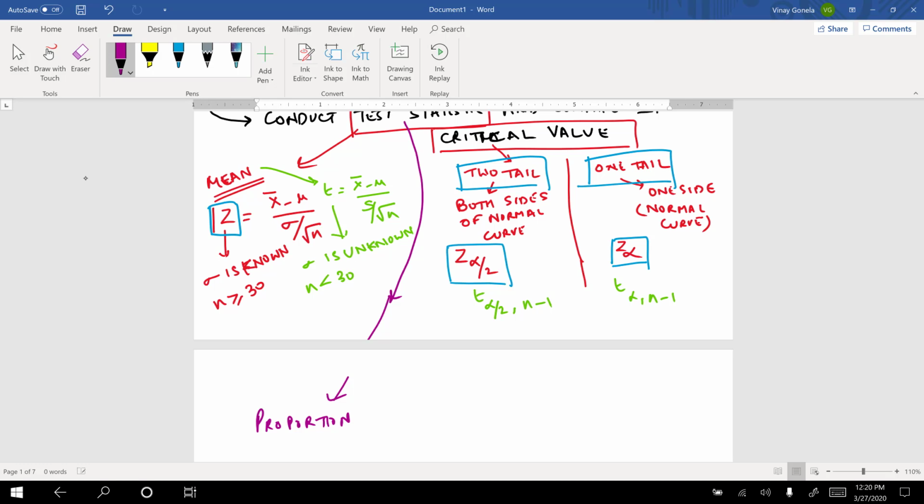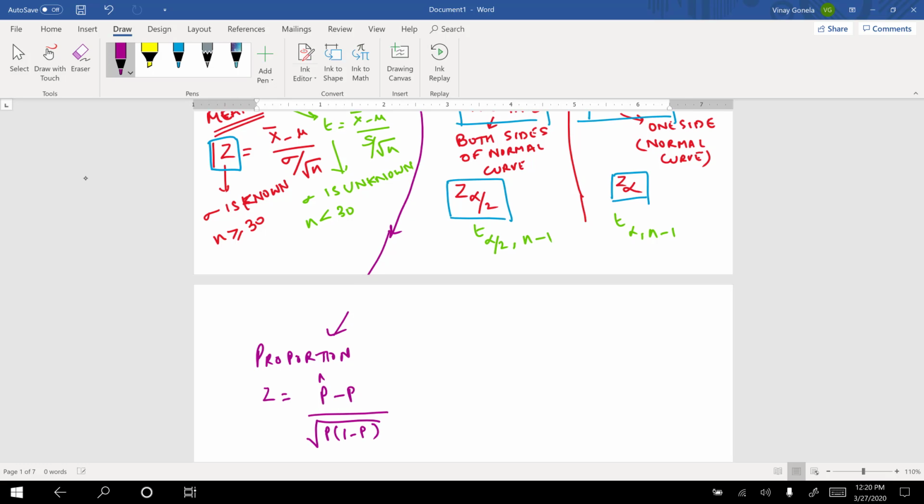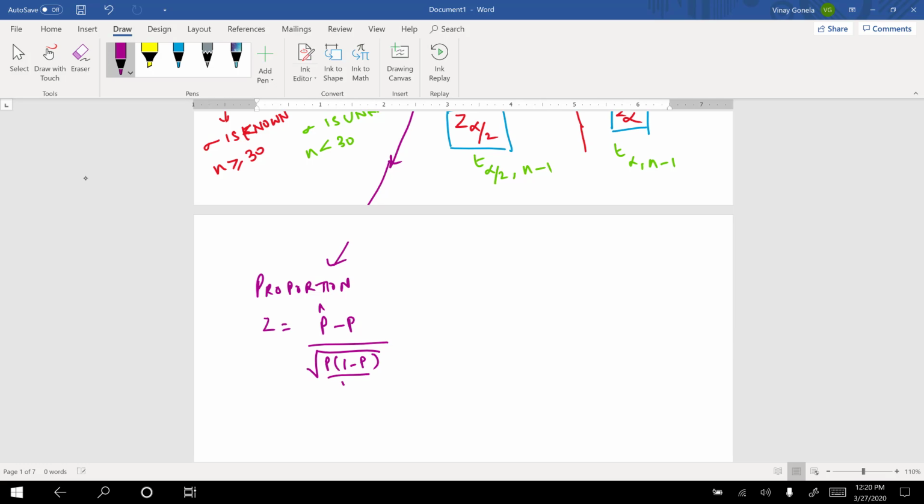We use z, which is p hat minus p over the square root of p times 1 minus p over n. The square root is for the entire expression.